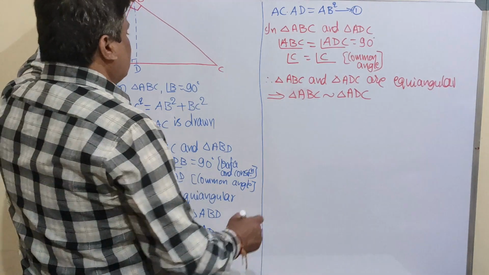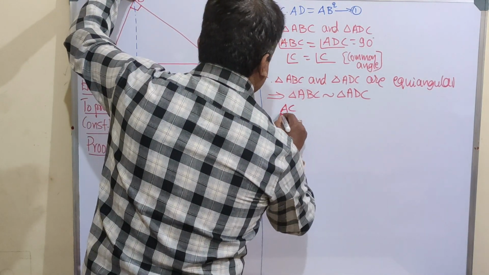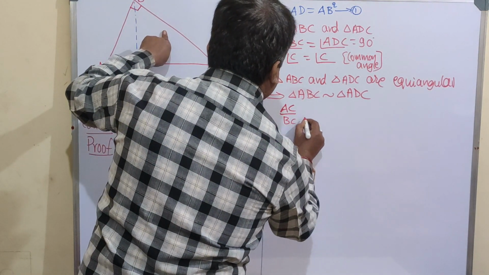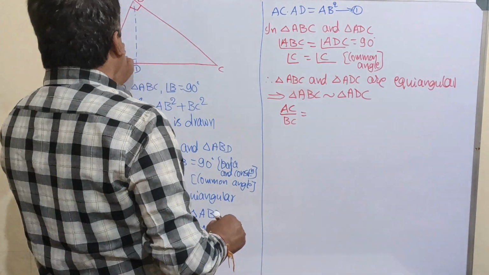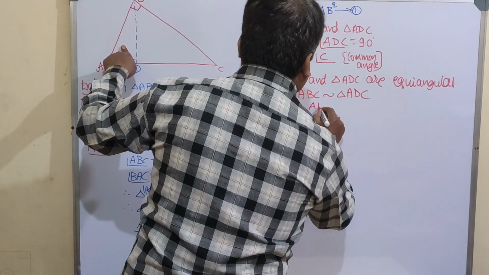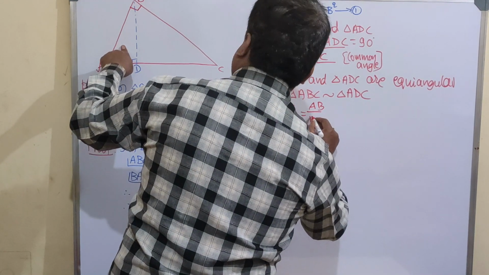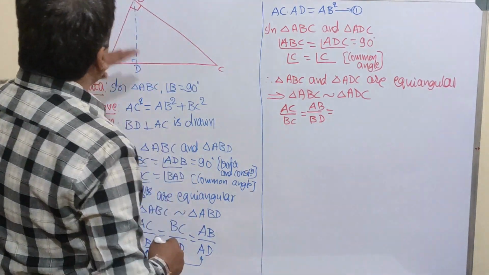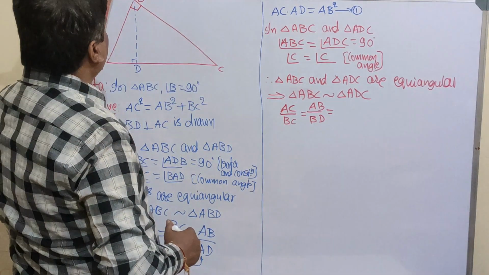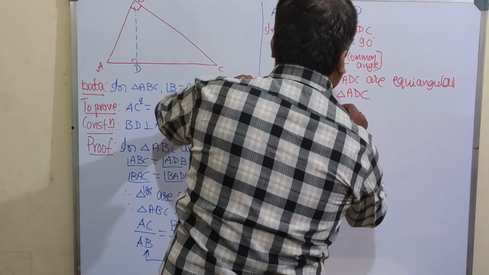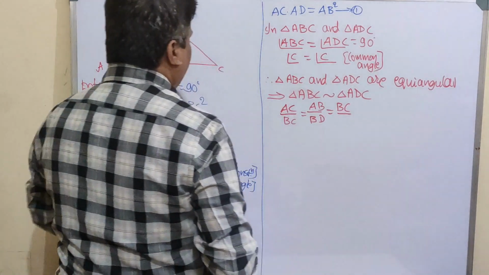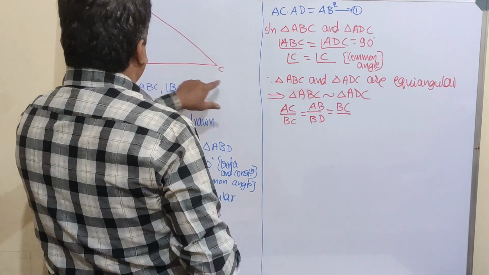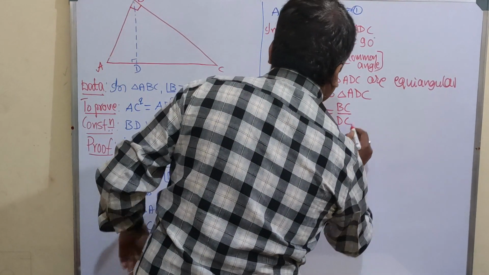The side opposite to angle B, as you know, is AC, and the side opposite to the 90 degree angle is BC, that is equal to the common angle. So AC by BC, then AB by BD, and BC by DC remains.